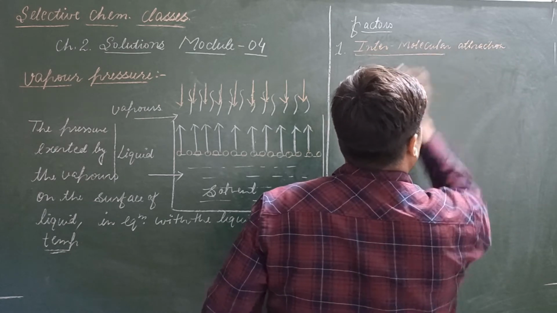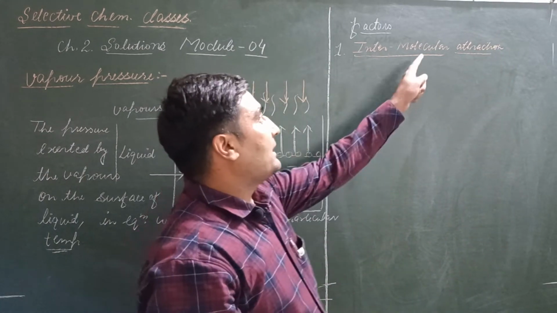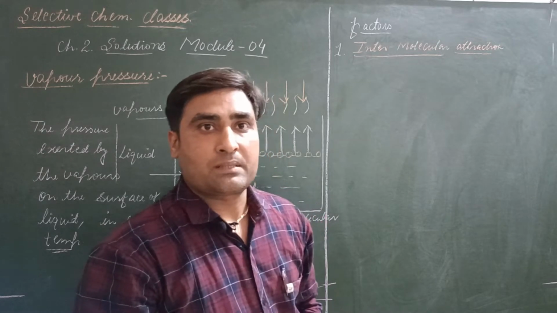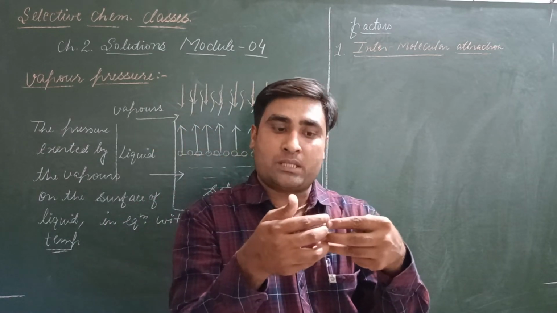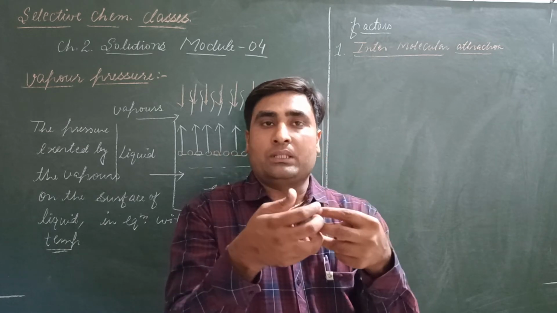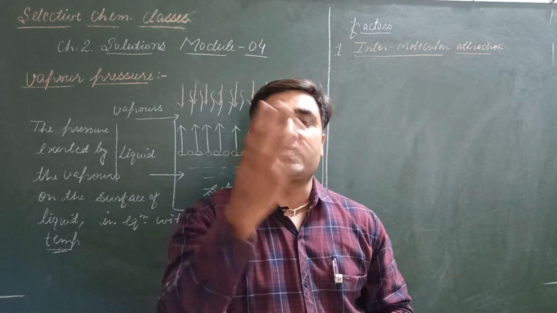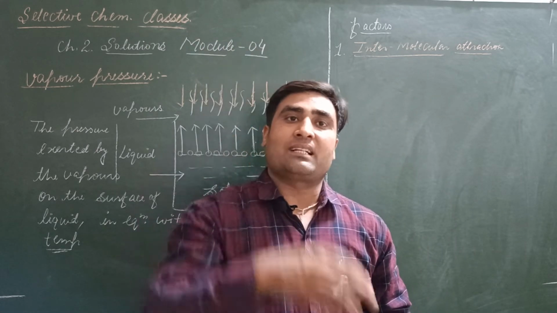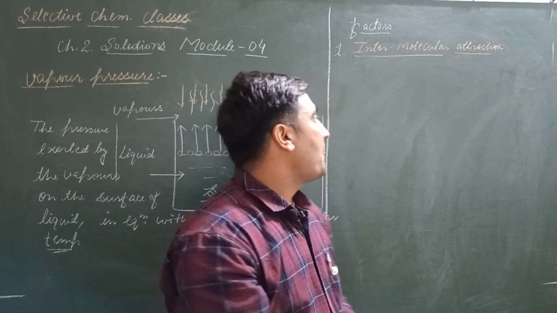Intermolecular means the attraction or the force between the different molecules. If there is weak force of attraction between the molecules, those molecules can easily leave and exit in the vapor state. They will easily form vapor, and the vapor pressure gets exerted easily.